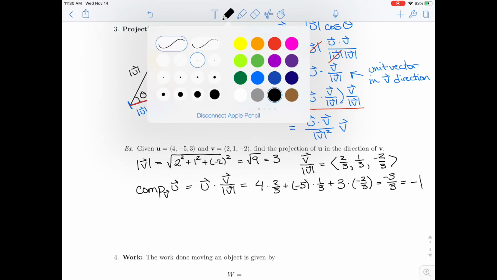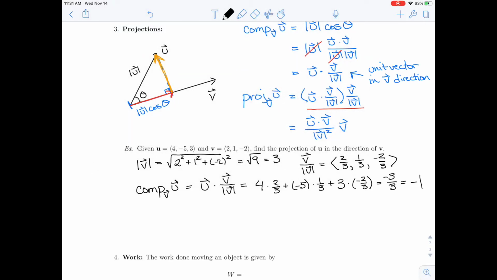Okay, now we're going to proceed with the projection of u onto v. That projection is going to be the component of u in the v direction times the v direction.